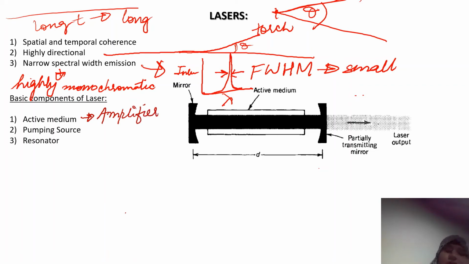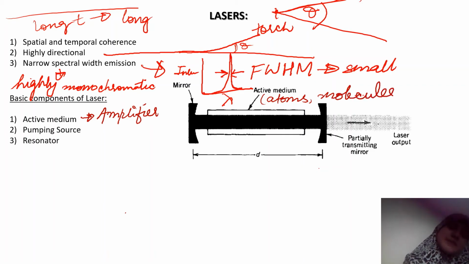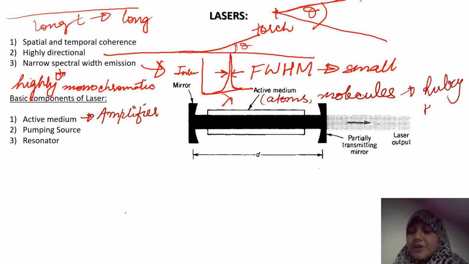So this active medium will contain the atoms, molecules, ions, for example ruby, which is chromium doped sapphire, the helium neon gas for a gas laser, or the carbon gas as the active medium.